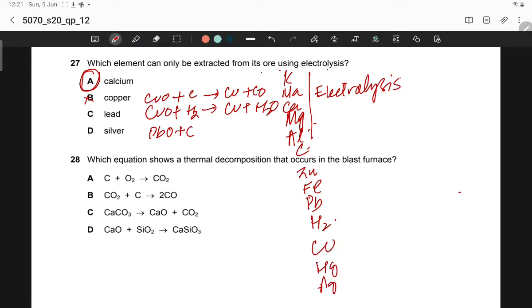Lower metals are extracted from their oxides by heating with carbon or by passing a stream of hydrogen. Copper can be displaced from its ore by passing a stream of hydrogen gas over red hot copper. So lead and silver are incorrect.